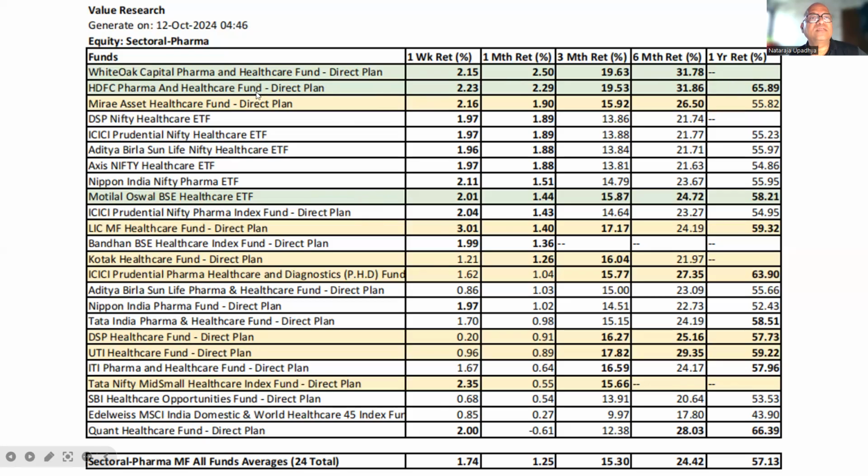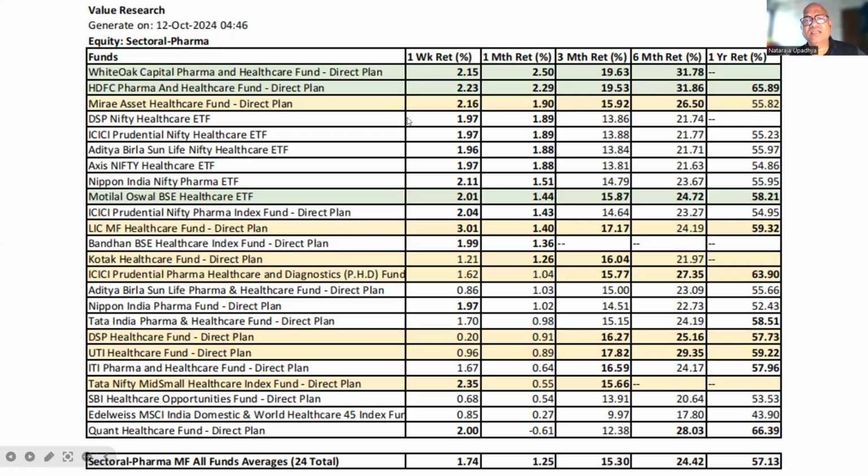See, I would say that HDFC Pharma and Healthcare Fund is still investment worthy because it gave 65.89% for the year. 2.23 for the week means it is still bullish. 2.29 for the month positive and good returns like that. So this is how you have to make judgment of investment worthiness in this list. Do not go by automatic green means automatic investment decision.